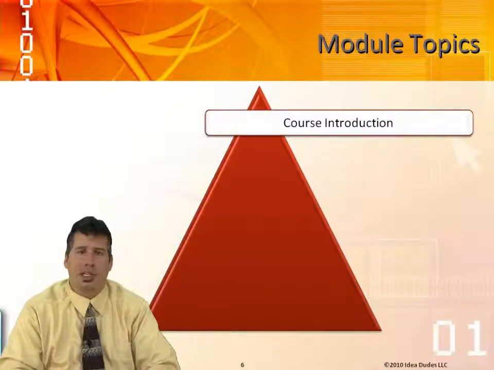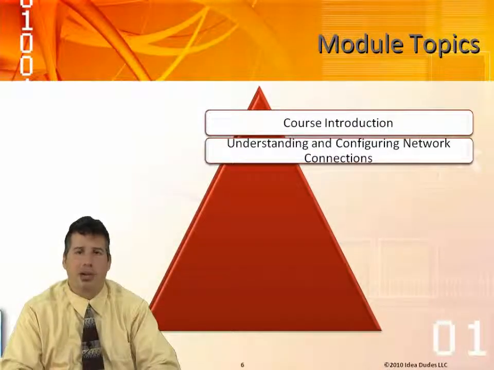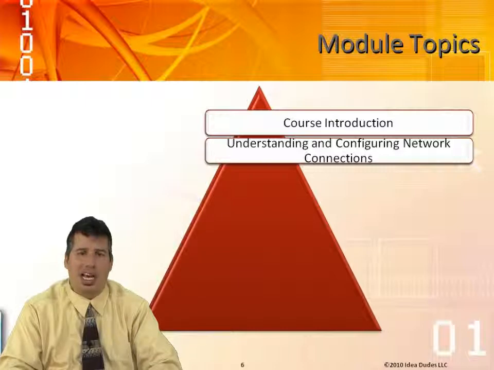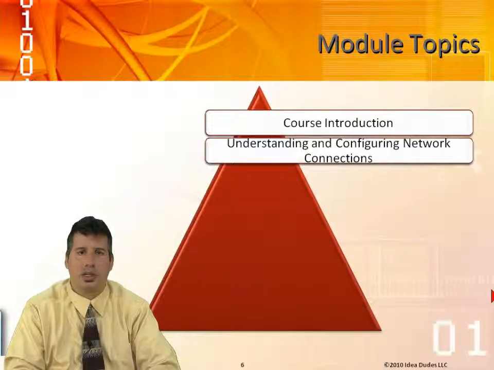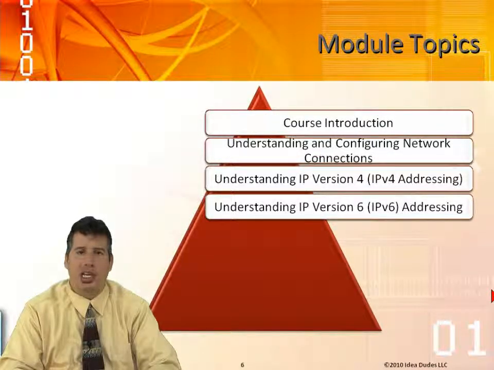Looking at the module topics, we have the course introduction, then understanding and configuring network connections, looking at all the different ones, such as wireless connections, dial-up connections, VPN connections. Understanding IP version 4 and IP version 6. We'll find out about all the different changes that we do have.